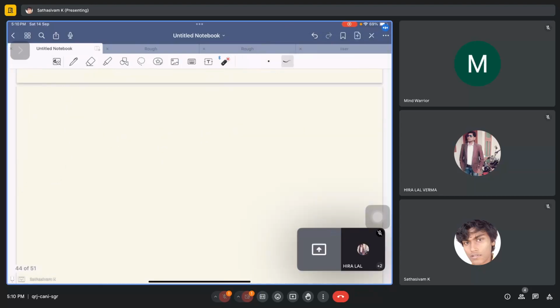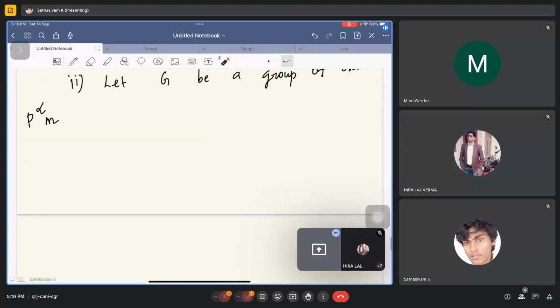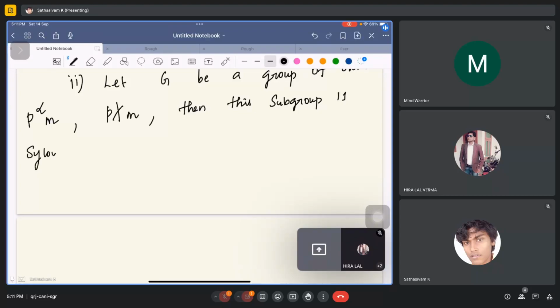But the relation here is that p does not divide m. Then this subgroup is called a Sylow p-subgroup.